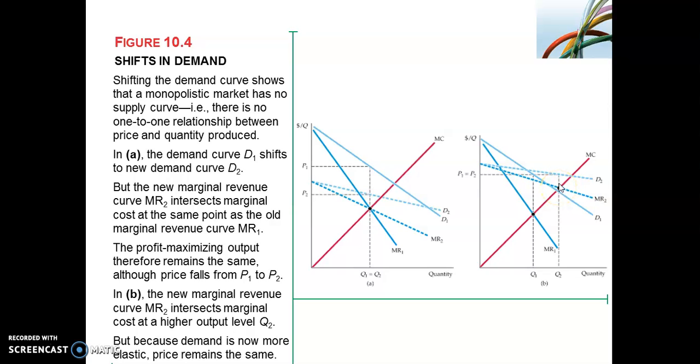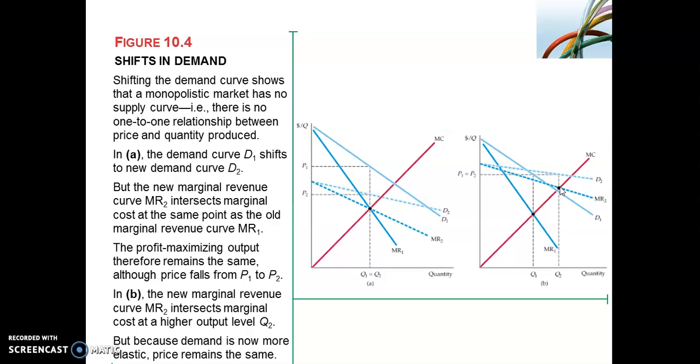And if we trace it up to see what the price would be for this level of output on the new demand curve D2, we can see that the price in this scenario has remained the same. However, the output has increased from Q1 to Q2, where we had the shift in demand.